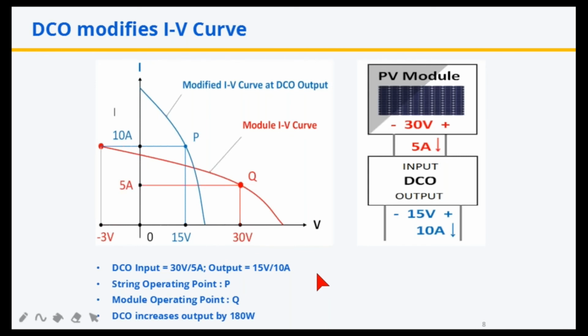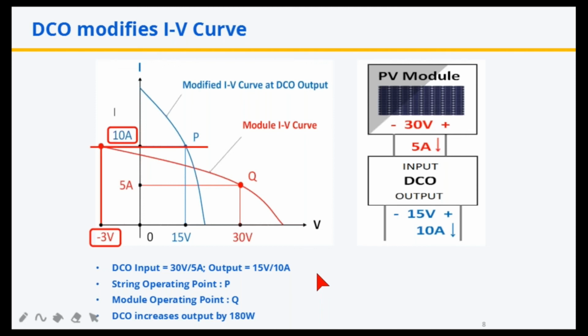DCO is an intelligent DC to DC converter. It continuously manipulates the conversion factor in such a way that the module keeps operating at the MPP all the time. We considered the conversion factor of 2:1 only for the sake of example. The actual conversion factor will be decided by the DCO. What would have happened if the DCO had not been there?